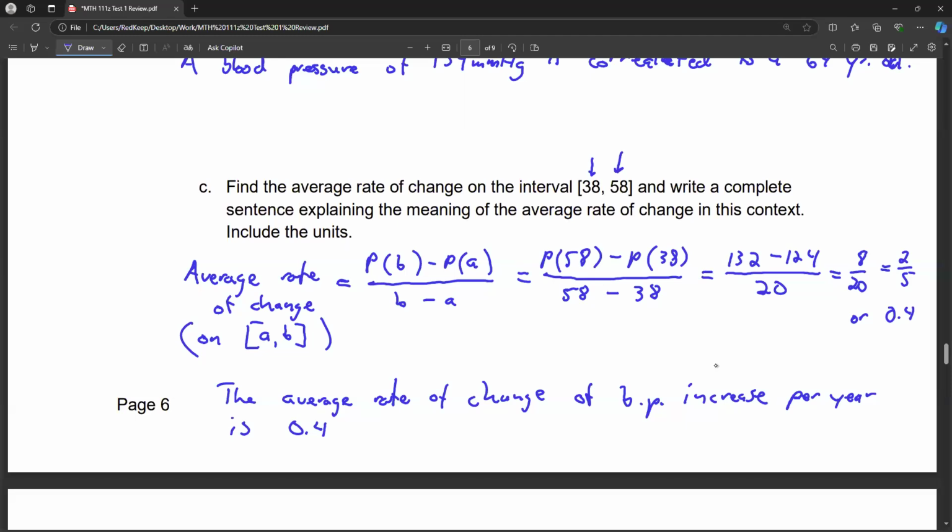But what are the units of this, right? So initially I had said that the results in the top were millimeters Hg. And the bottom, I didn't say it, but it was years, right? So mmHg per year. That would be the units spelled out. And this would possibly, you could add something like for participants from 38 to 58 or something like that. But this would be a good start.